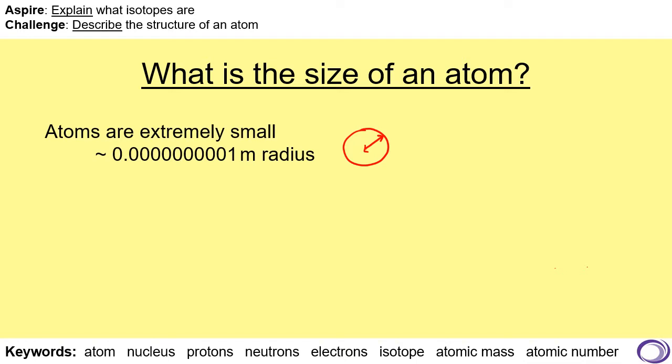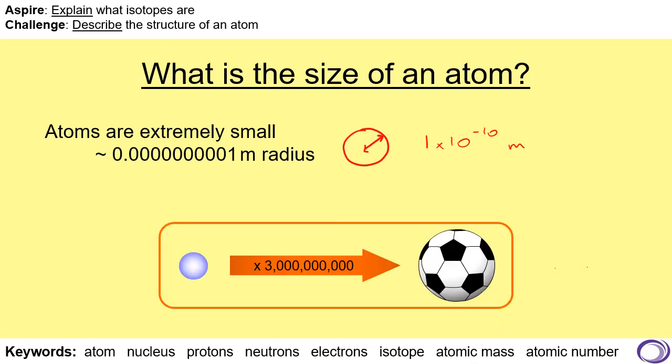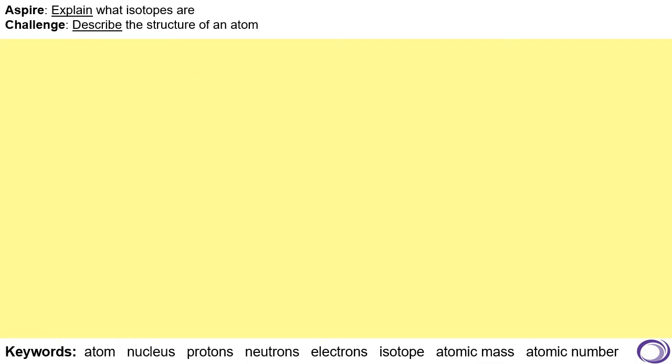That is 1 times 10 to the power of minus 10 meters. If you compare it to a football, an atom is 3 billion times smaller than a football. So if we increased an atom by 3 billion times, then you'd be looking at something the size of a football. So that's how incredibly small atoms are.